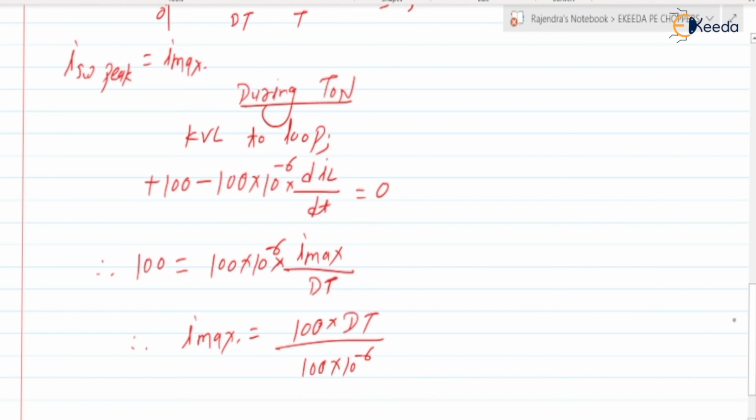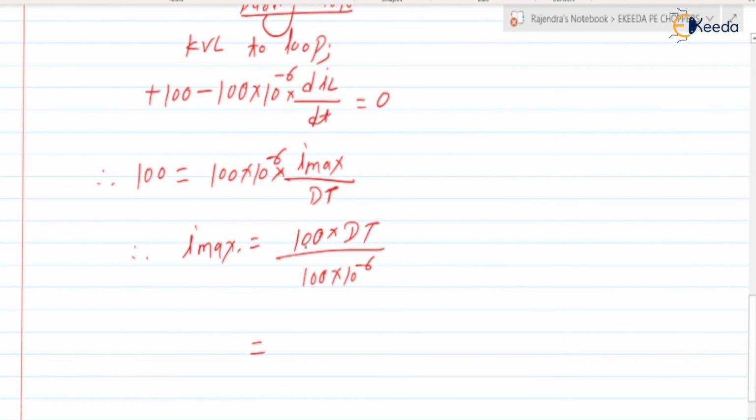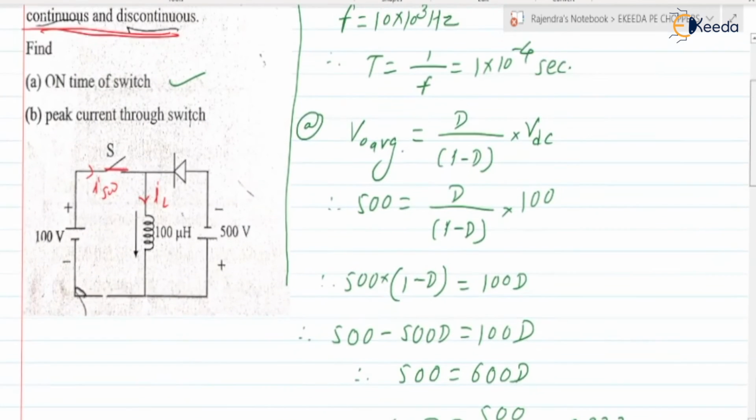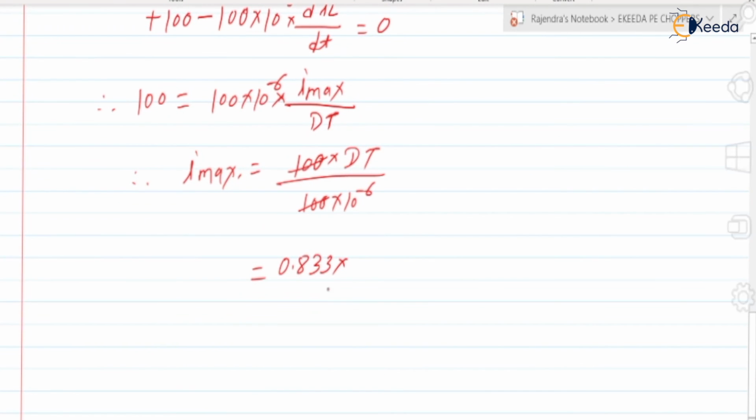Now we can simplify it: this 100 will get cancelled, and this will be 10 to the power plus 6. So it is d, 0.833, into T, where T is 1 into 10 to the power minus 4, into 10 to the power plus 6.